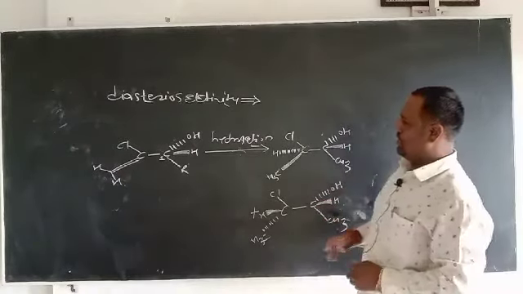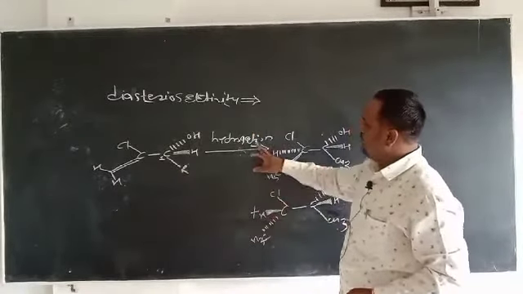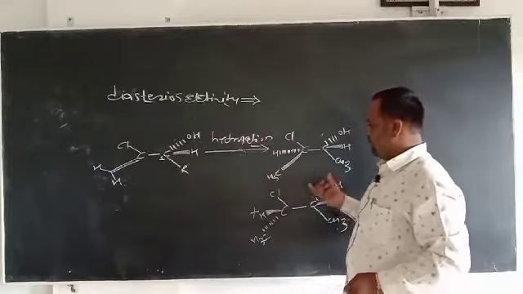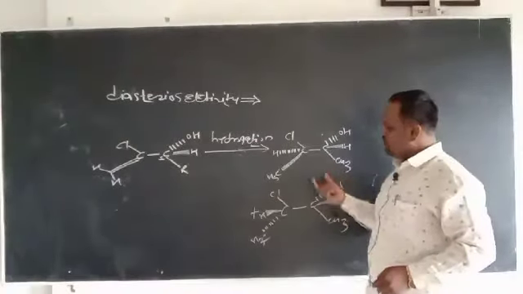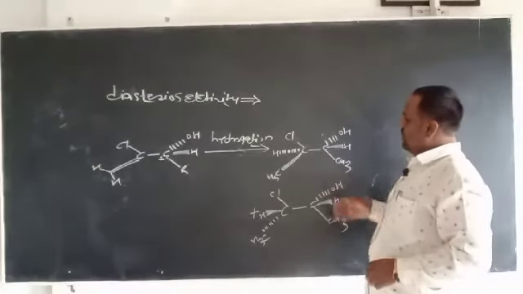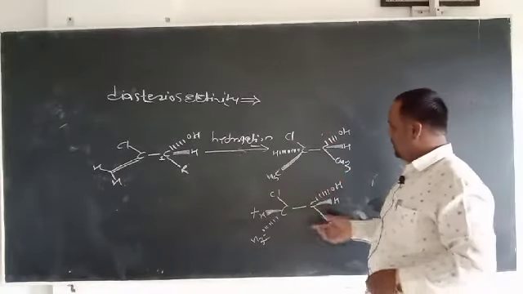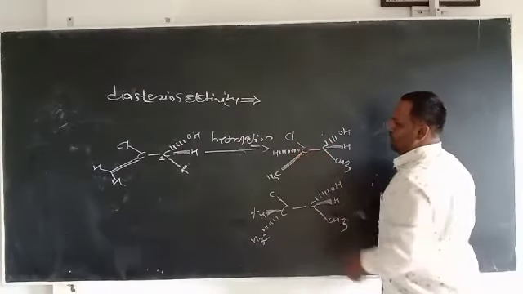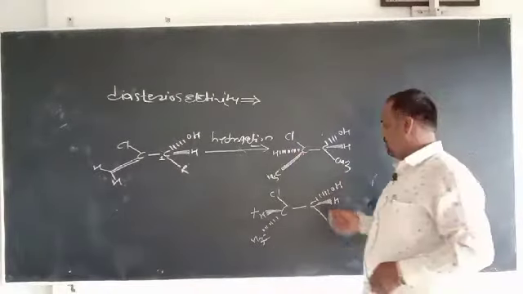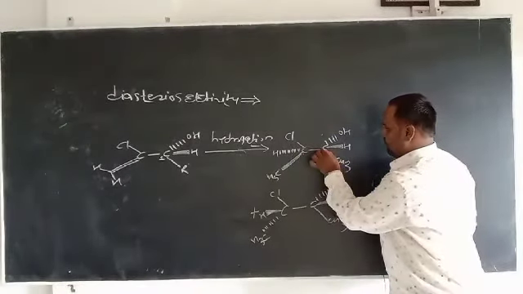So for diastereoselectivity, the substrate must have a stereogenic center, which on hydrogenation gives products that are diastereomers of each other. They are not mirror images of each other. How are they diastereomers? Let us consider this as carbon number 1 and this as carbon number 2, and consider the RS configuration for both carbon atoms, starting with carbon number 1.